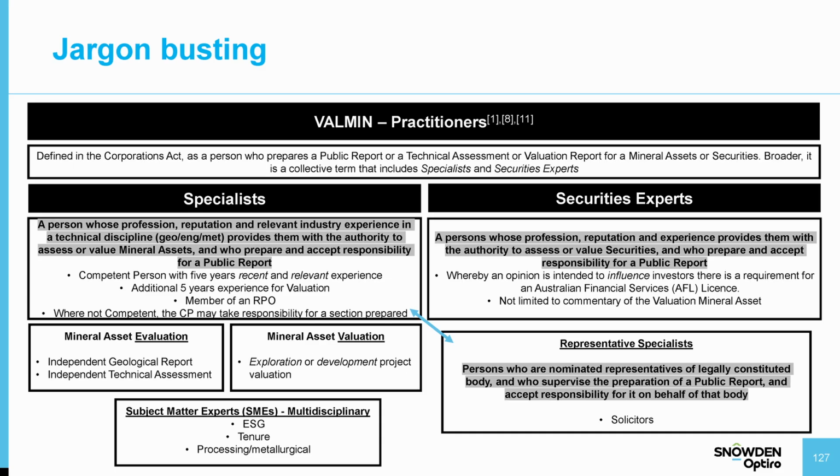And then you might have additional representative specialists. This could be a solicitor's report that might accompany your report. Securities experts, these are their own fickle beast, and essentially they're working in the sphere where they potentially have the influence to provide an opinion that might guide investors whether they make a decision or not, and therefore they need to work with the Corporations Act, and they're going to have an Australian financial services license.